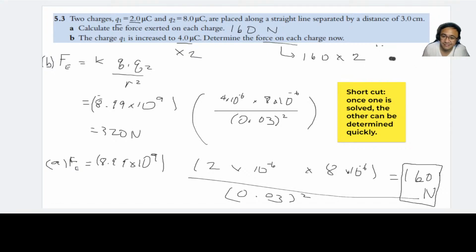That's going to give us 320. So that's just a shortcut. If you can remember to use that, it's going to be useful. But if you don't, it's fine. You can always just use Coulomb's law again.